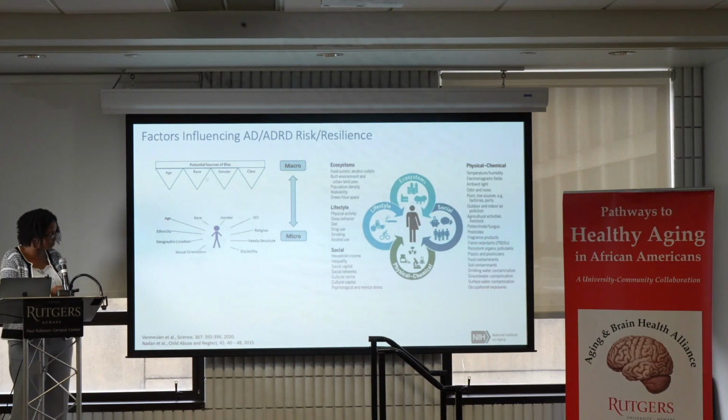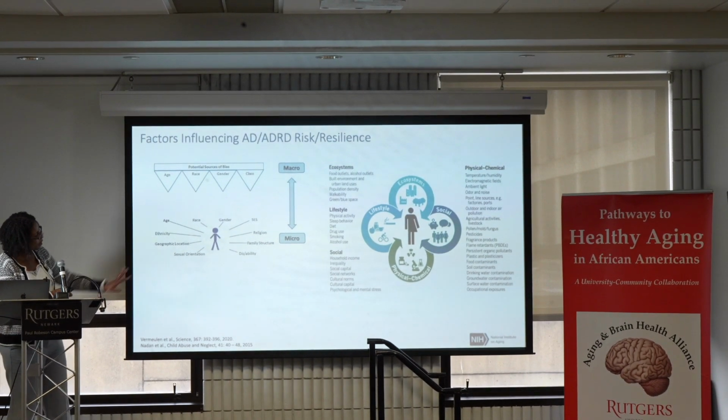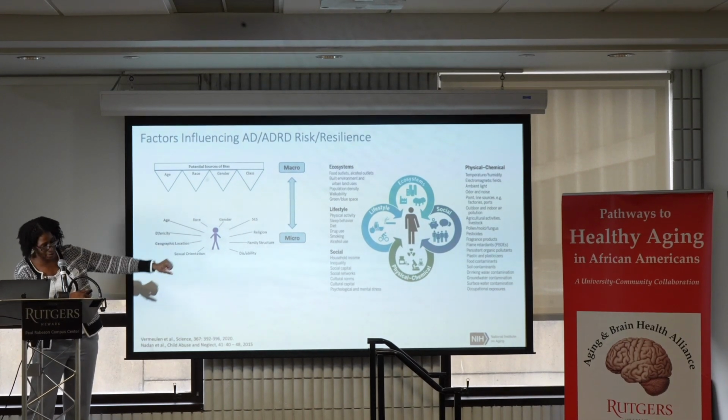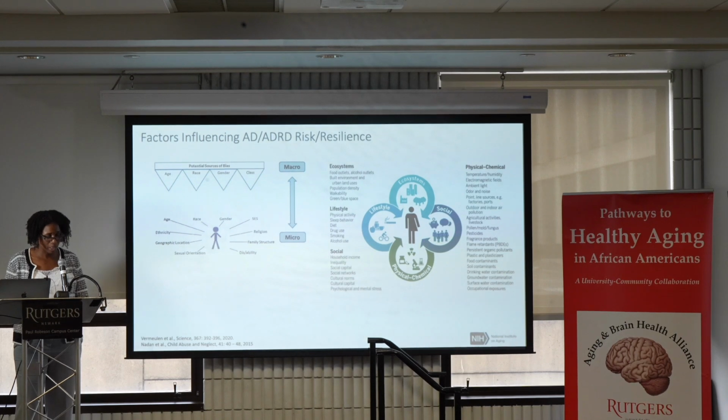And so what this figure represents, does this have a pointer? Okay, so what the figure over here represents is the exposome. And we all know that the exposome is defined as exposures that one may experience over the life course, and it may affect a person's health. And so there are many different components to the exposome.